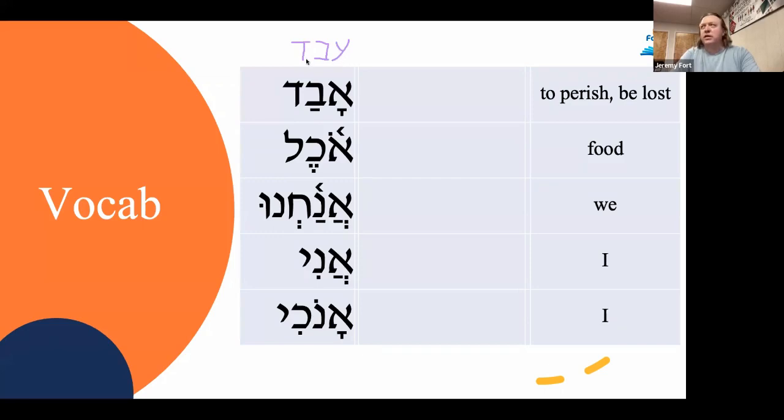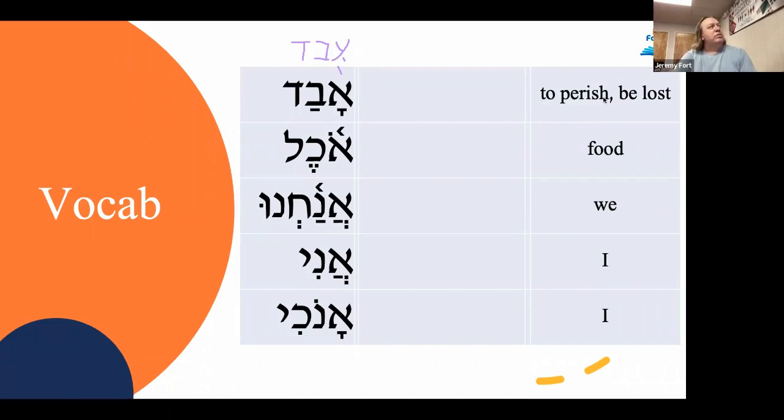Yes, you have. Don't be confused. They're two different words. Ayin on this one, aleph on this one. One is to serve or be a slave. The other one is to perish or be lost. So they feel related, but they are different.